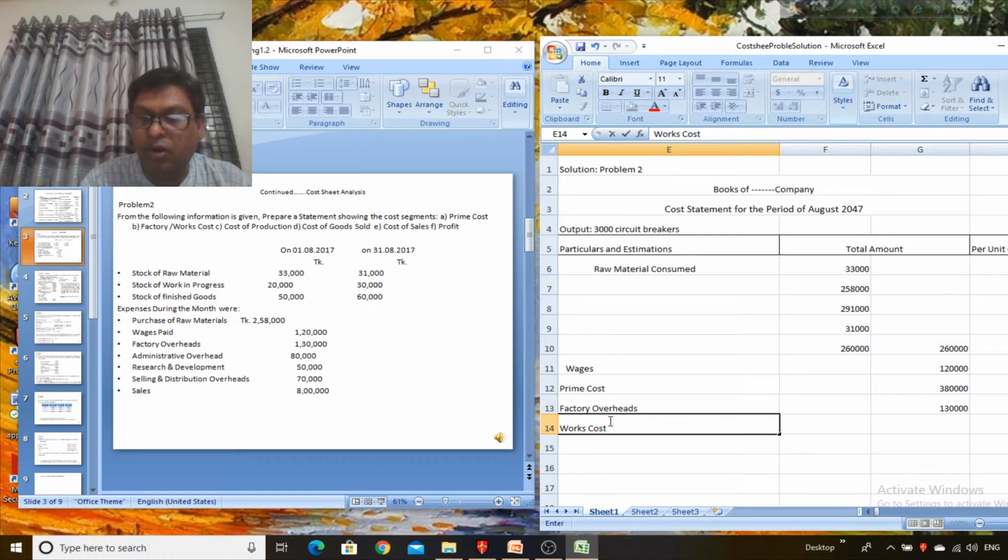Here we have to adjust the work in progress, the unused raw materials, so we have to adjust it in this segment. We have to add the opening stock and less the closing stock.